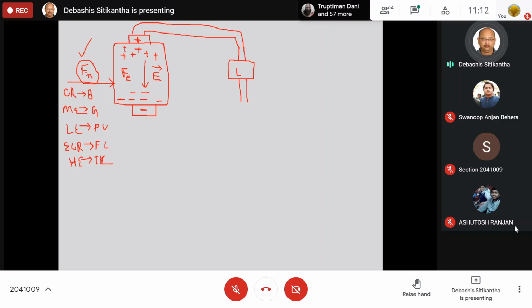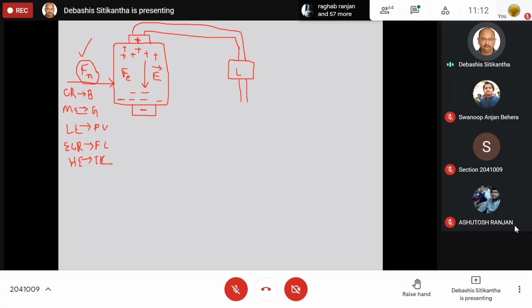Now this Fn, or the external force, or rather I will say the non-electrostatic force, the proper name is non-electrostatic force, is acting against this electrostatic force Fe, which is trying to bring these positive and negative charges close. Because of the application of this force, the positive and negative charges have separated.